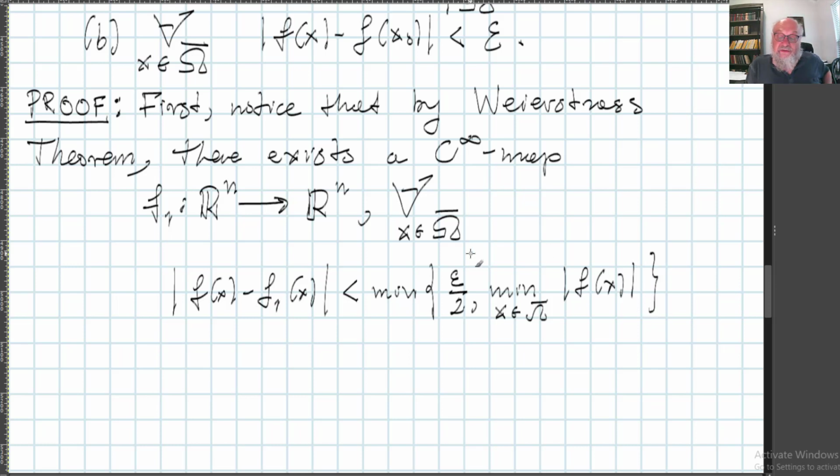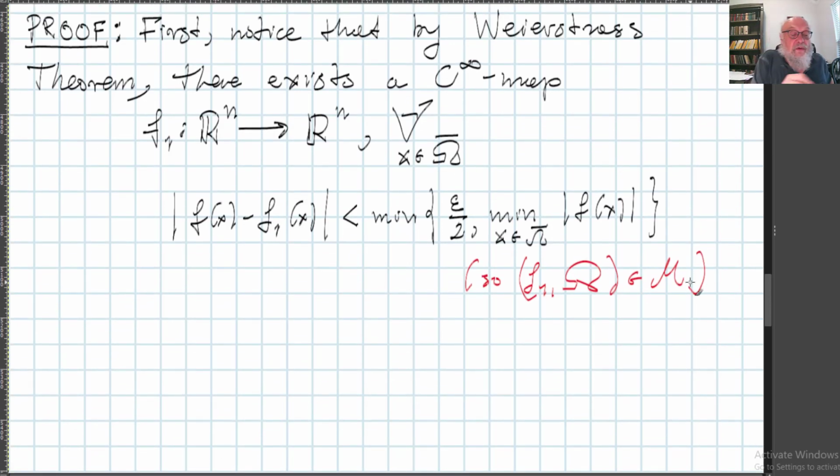This condition will assure that (F1, omega) is admissible. So once we have it, we can now use Sard's theorem.